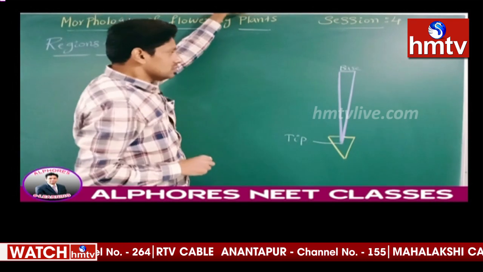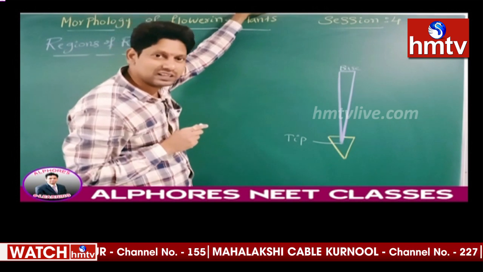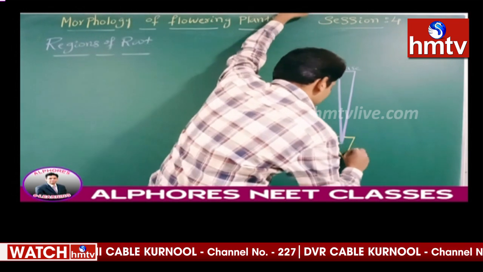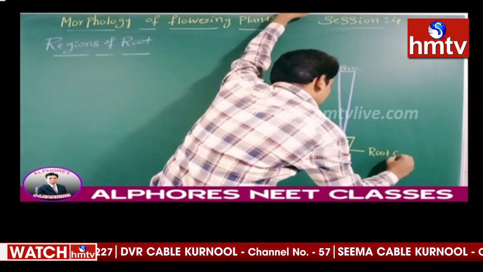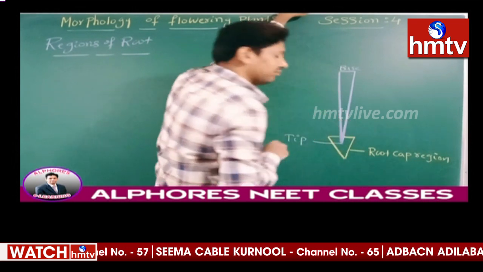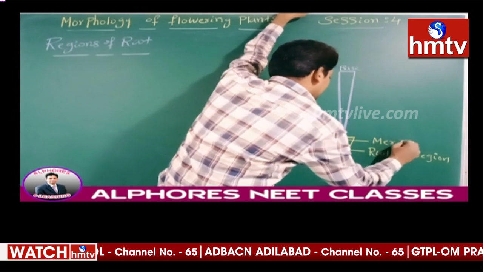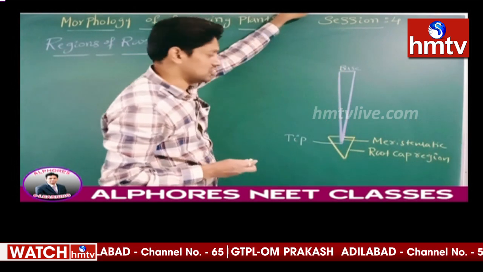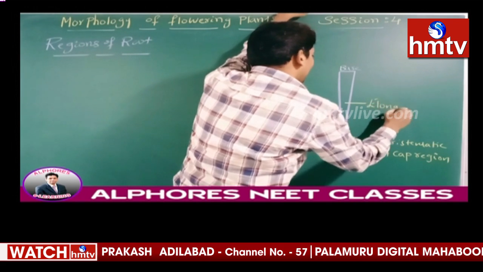Right. Sir, a root contains 4 regions. A root is having how many regions? 4 regions. What are the 4 regions of a root, sir? Number 1, root cap region. Second one is a meristematic region. Third one is an elongation region.